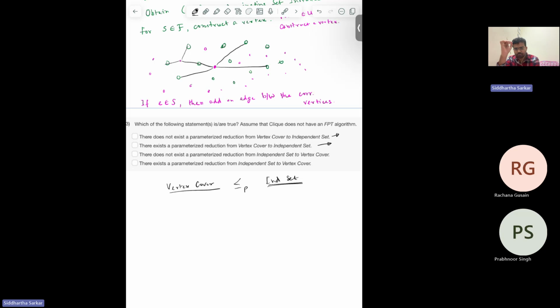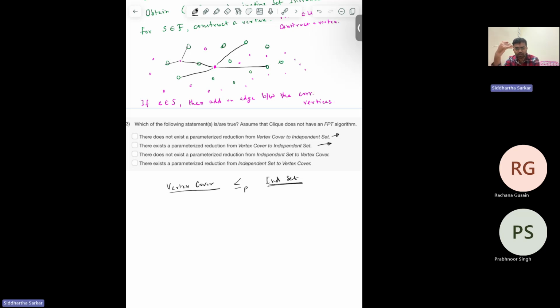So the first step towards this reduction is to construct an equivalent instance of independent set from the vertex cover instance in what is called the FPT time.